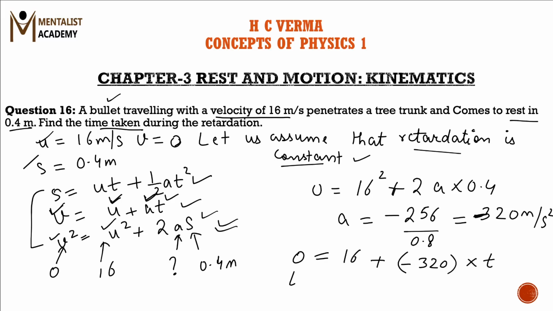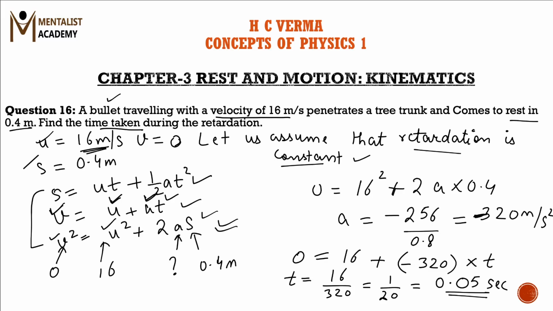So time would come out to be 16 upon 320, that is equal to 1 by 20, which is equal to 0.05 seconds. So in such a small time, that is 0.05 seconds, the bullet which is moving at such a high speed, 16 meter per second, comes to rest.